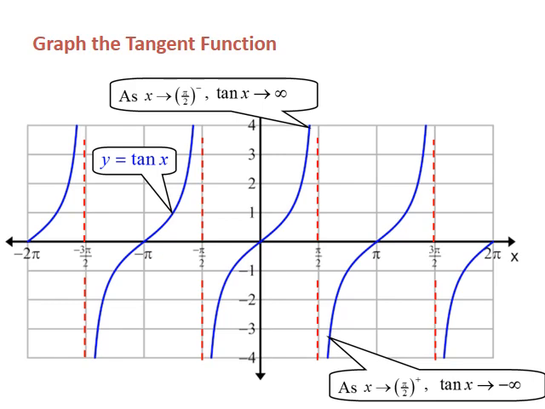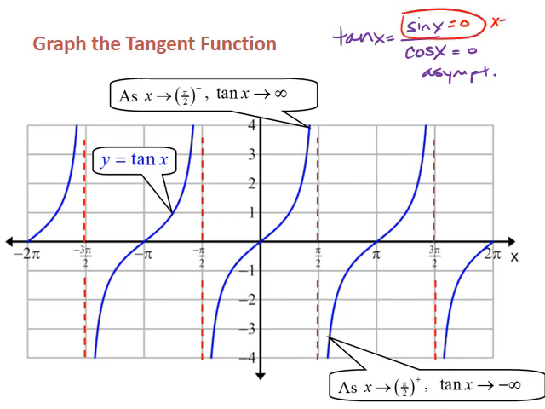So again, remember tangent of x is equal to sine of x over cosine of x. So whenever cosine of x is equal to 0, we will have an asymptote in the graph. And so that occurs at odd multiples of pi over 2. And then we will have zeros on the graph whenever sine of x is equal to 0.